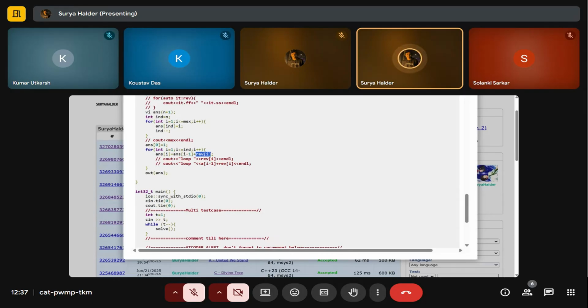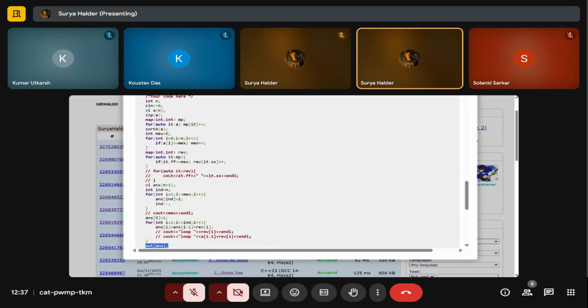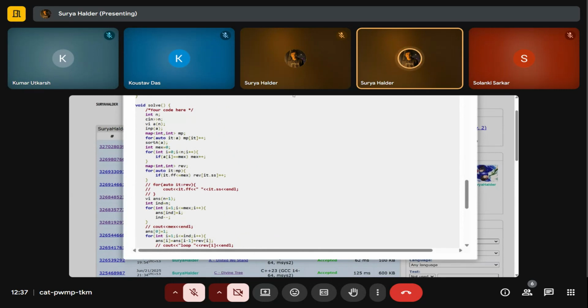Because if the number of occurrences is i, then I will be removing all the i occurrences, and after that I will be getting a unique max, and then I will output the answer. So is this code clear, or should we dry run with a sample example?